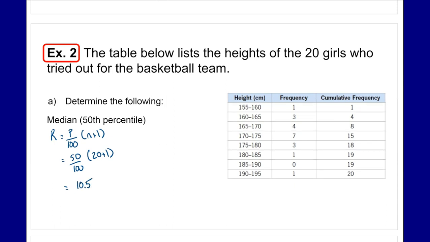So that means we round down to 10, and we find the average, or the midpoint, of the 10th and the 11th number.